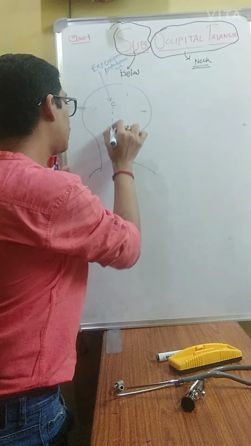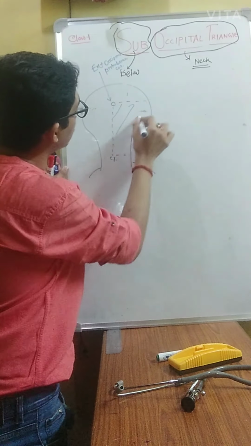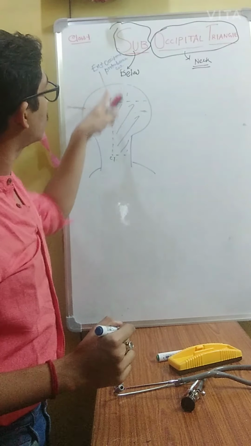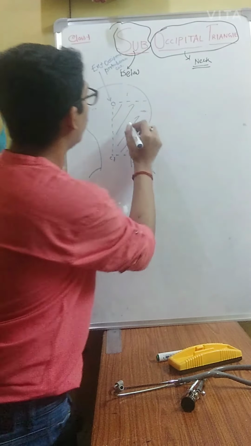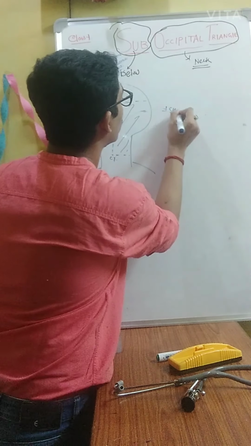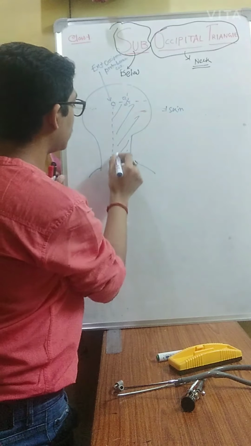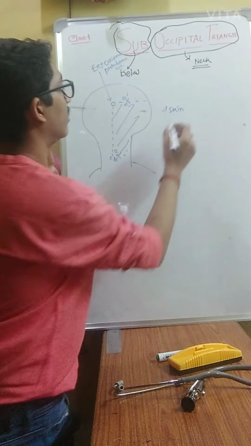Along this border, first you identify this region, between the external occipital protuberance and the C7 vertebra. The skin will be incised like this.